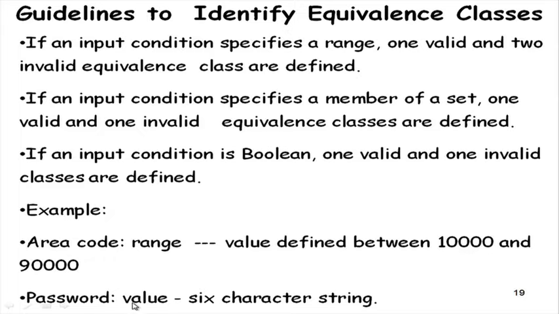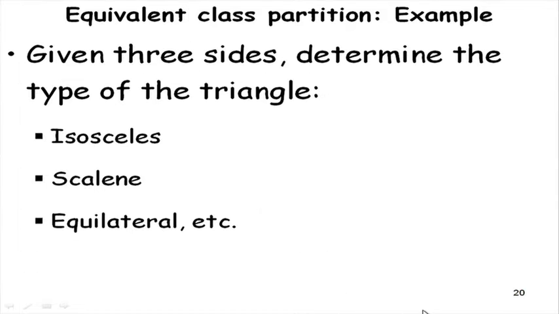Similarly, we might have a password of 6 characters. Here also we will have one equivalence class which is less than 6 characters, another which is exactly 6 characters, and a third which is more than 6 characters.